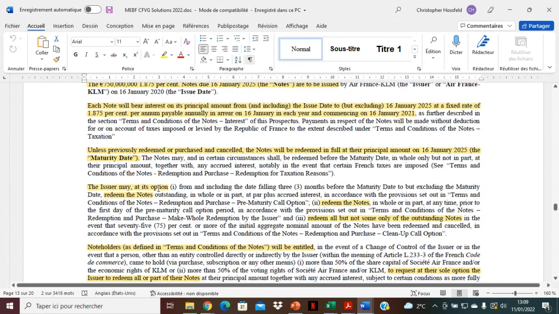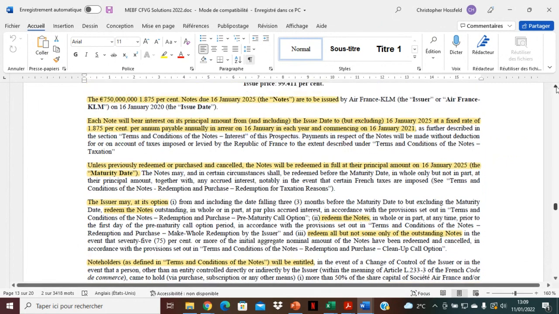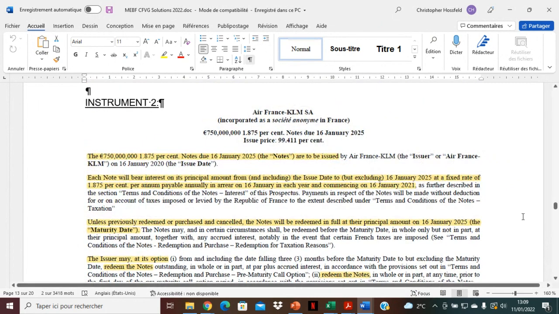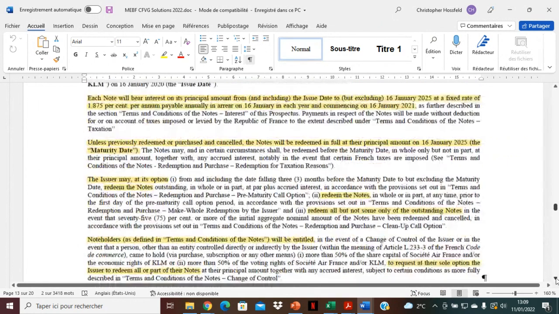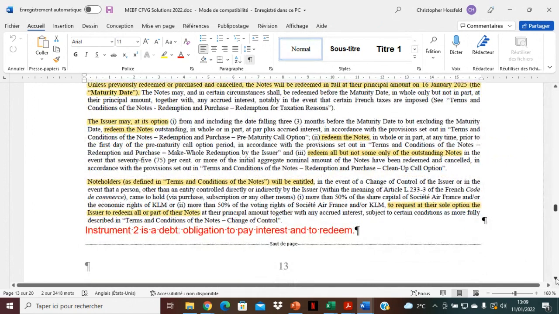But anyway, remember, a liability or debt means I have an obligation to reimburse and an obligation to pay interest or an ongoing compensation. And here we have both given. So instrument number 2 is not a big deal. Instrument number 2 is a debt instrument. Okay, a regular debt instrument, and therefore fully a liability.